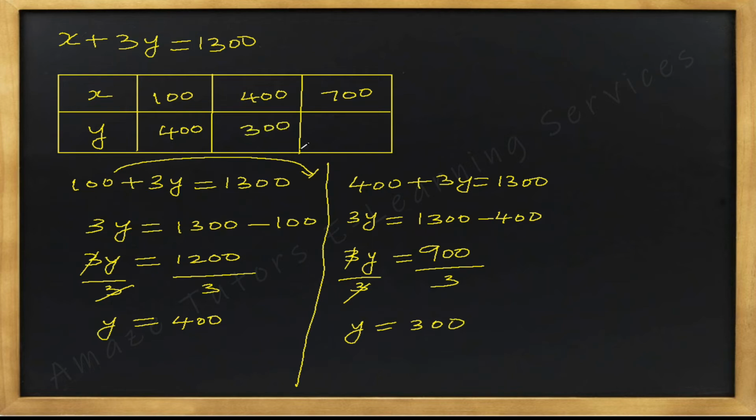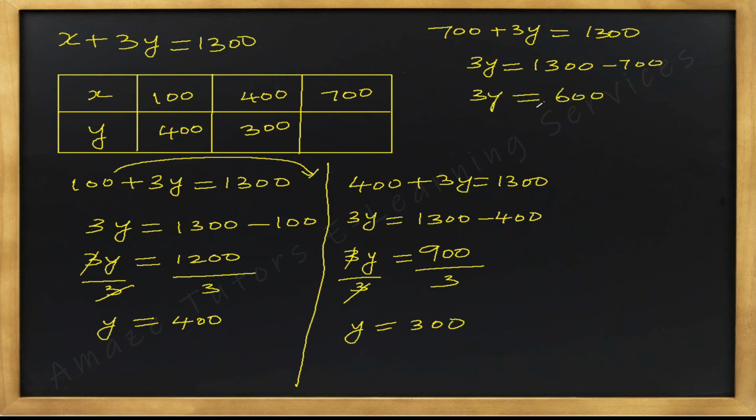Fill it here. And the last x value, 700. 700 plus 3y is equal to 1300. Take 700 to the other side, minus 700. What is 1300 minus 700, children? 600. Now the y value is, y is equal to 200.